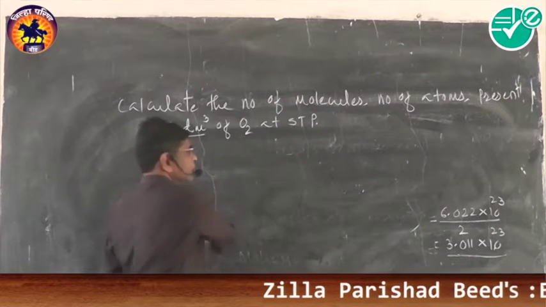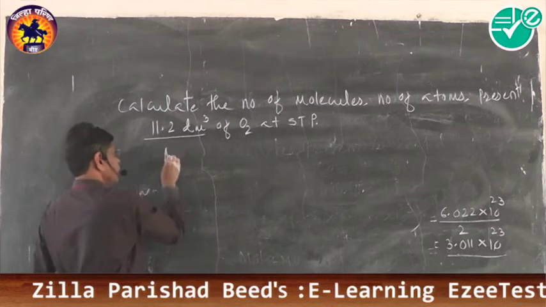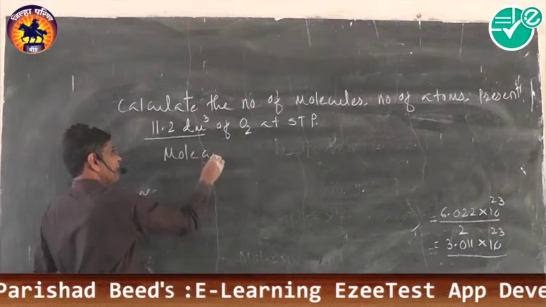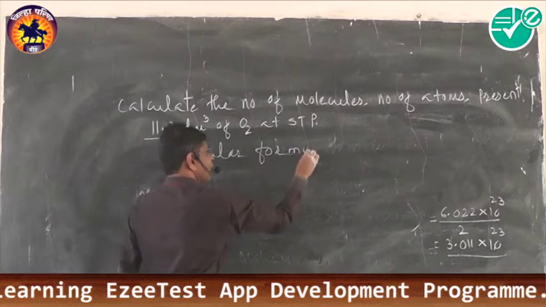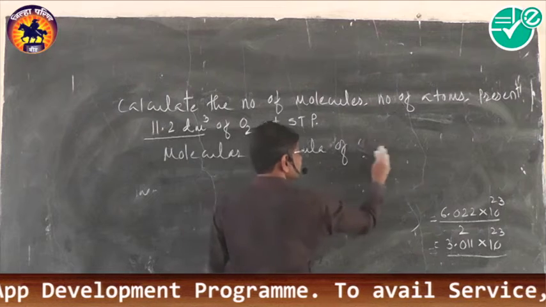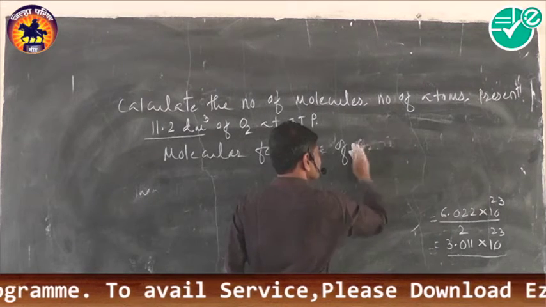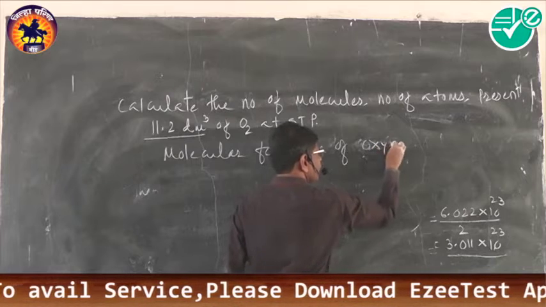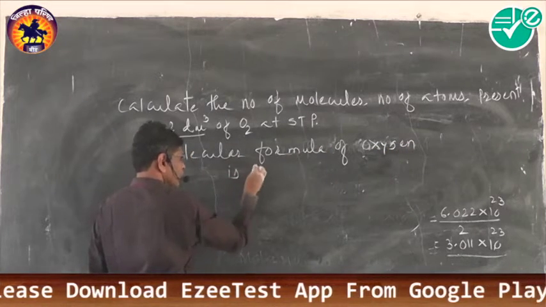Now what is molecular formula of oxygen? Molecular formula of oxygen is O2.